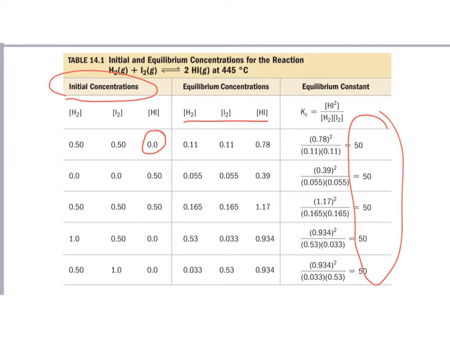On the other hand, if I have HI and I do not have any H2 or I2, I know it's going to move in the direction of the reactants and create some. But when I have this situation, I don't know, and I'll have to evaluate that further when we get towards that.